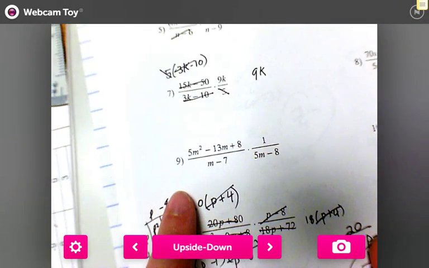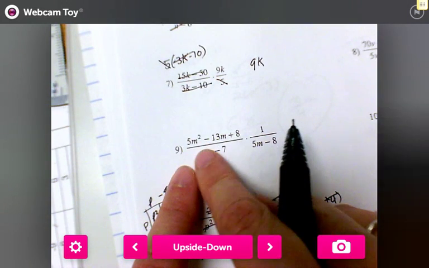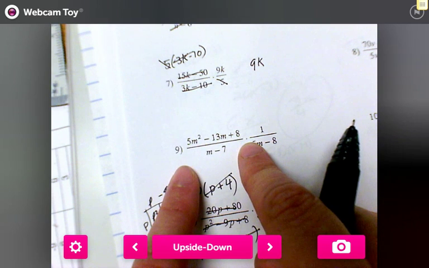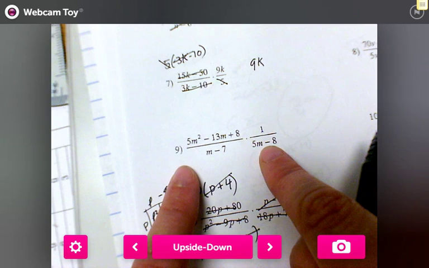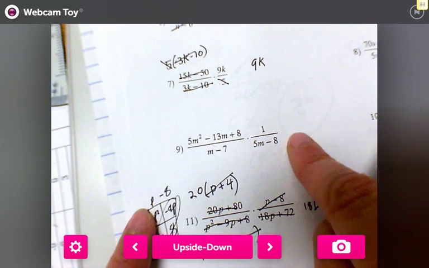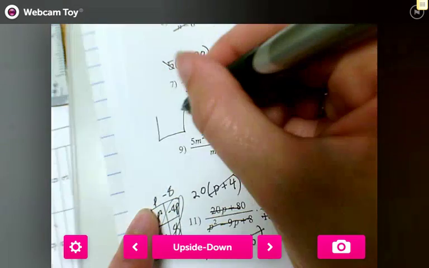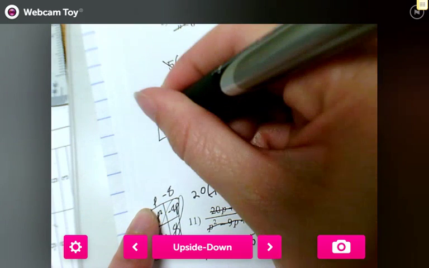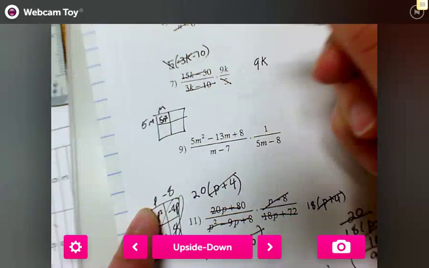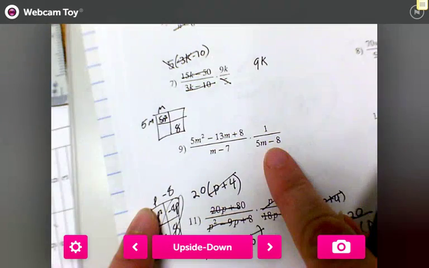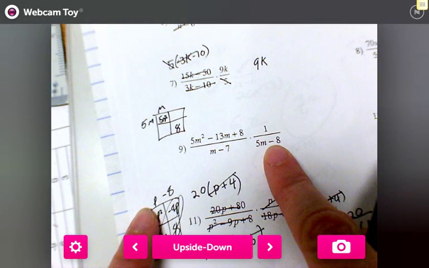Number 9. Ooh, this is another one that looks bad. I want you guys to notice, when I'm factoring, I might want to try this. This is 5m squared here, so I know I've got 5m and m. I know 8 here, and this is telling me one of them might be negative 8, so let's see if that works.